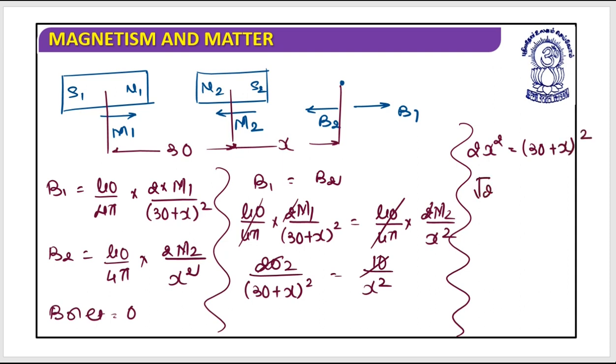So root 2 x equals 30 plus x, and thus x equals 30 by (root 2 minus 1). This is the location if the null point is obtained on one side of the bar magnet.